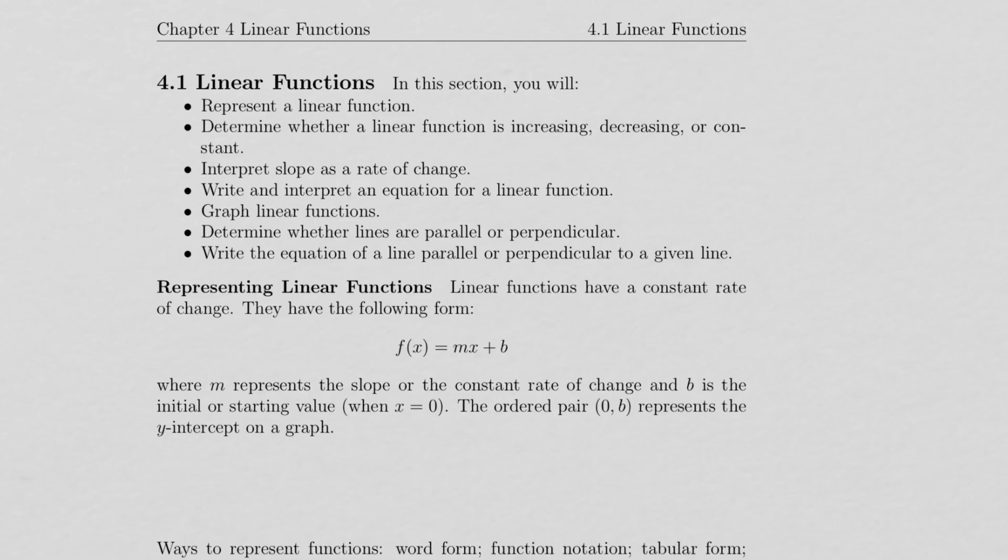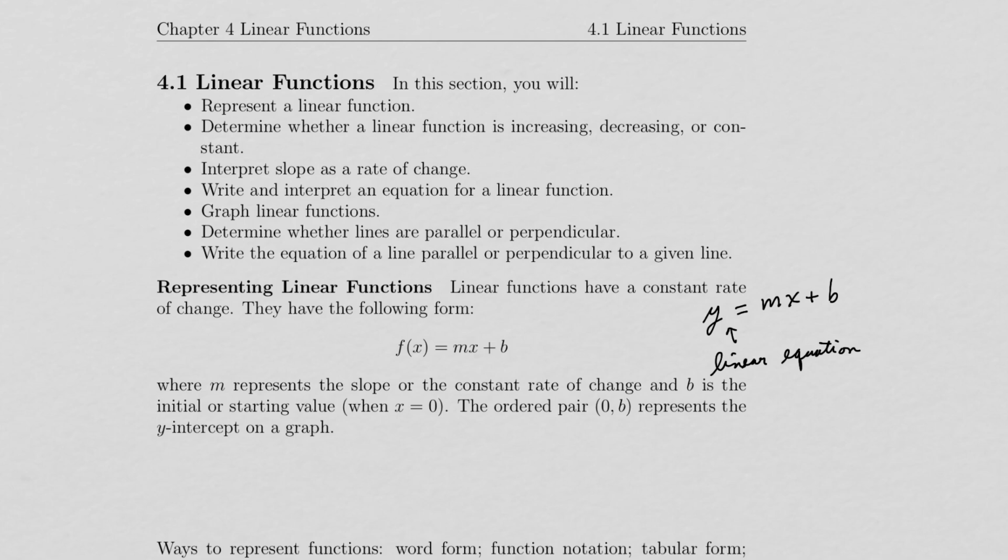If you remember, a linear equation has the form, or at least this is one way to write it, y equals mx plus b. So we call this a linear equation. But because each input x is associated with exactly one output y, this is also a function.